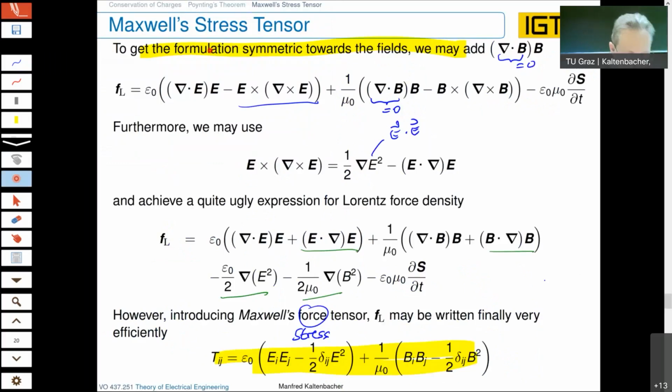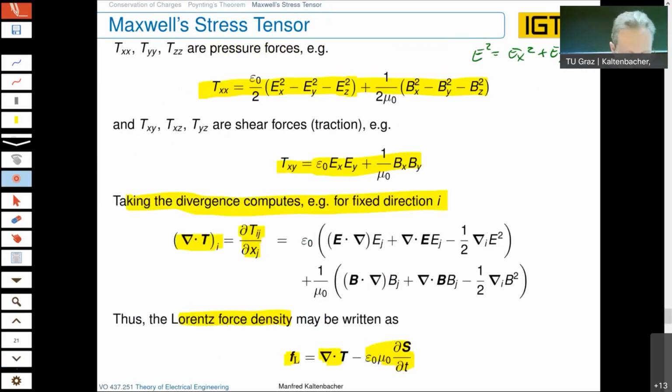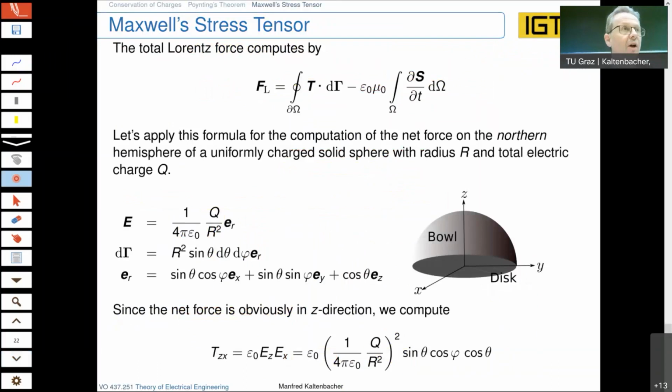Okay, we will apply this, not today, because today we will finish now. We will apply this to a charged sphere, and we want to know the electrostatic force on the half sphere, when we cut through on this section here. What are the forces acting there and how can we compute them?